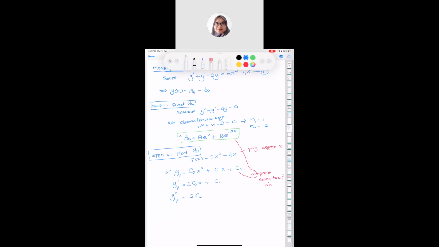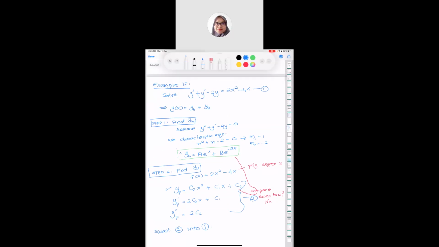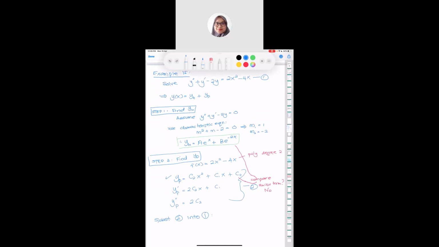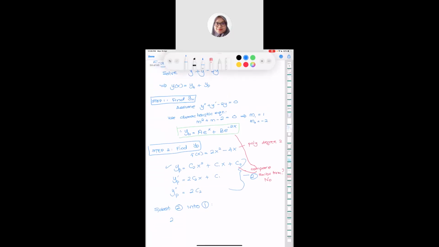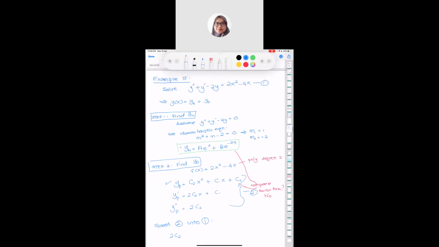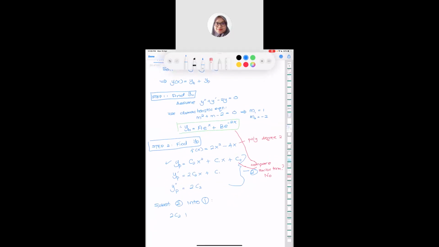Okay, so this one equation 2, okay, so substitute 2 into 1. Okay, substitute 2 into 1. Okay, and kita masukkanlah Y double prime, maksudnya saya ada 2C2 tambah Y prime tambah 2C2X plus C1.